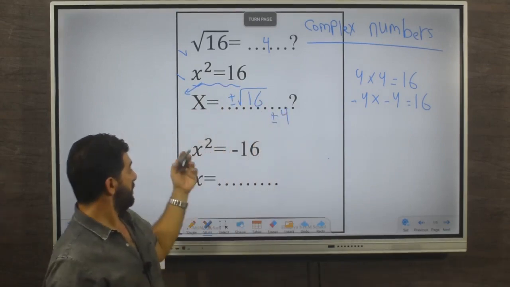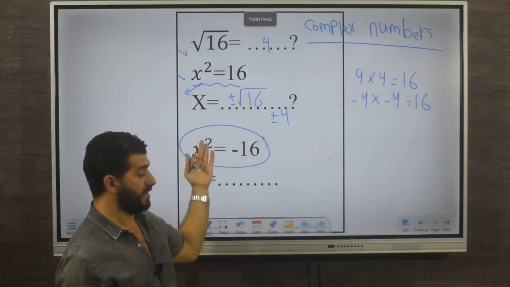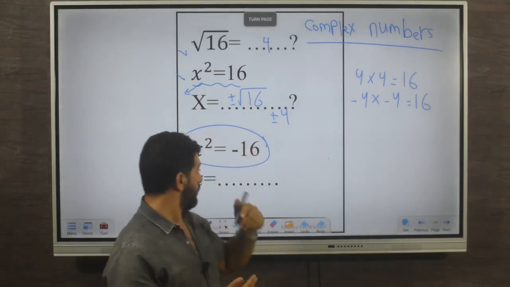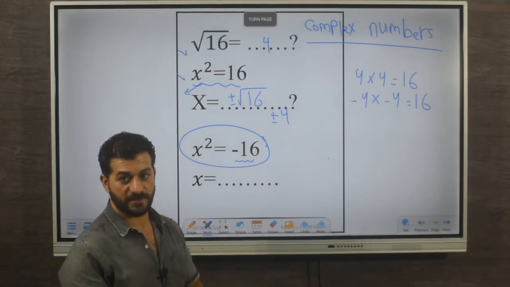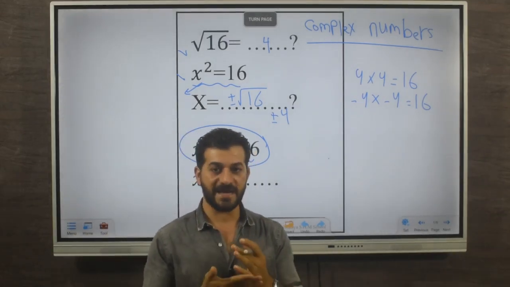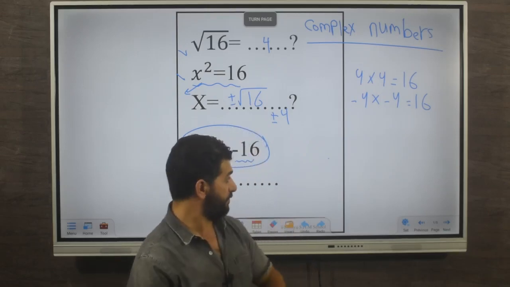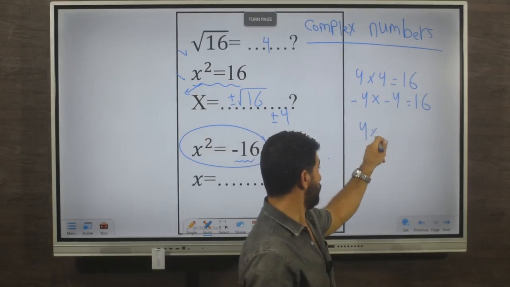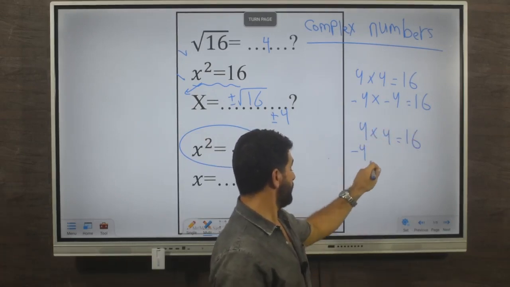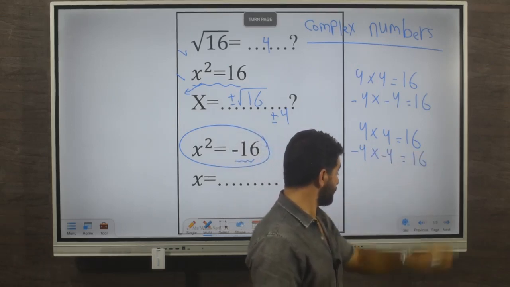Okay? Let's have a look at this equation: x squared equals negative 16. What is the value? When we multiply it by itself twice, we get negative 16. Actually, we don't have an exact number, because if you multiply 4 by 4, you get 16, and if you multiply negative 4 by negative 4, it will be 16.